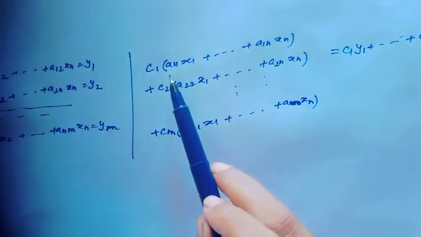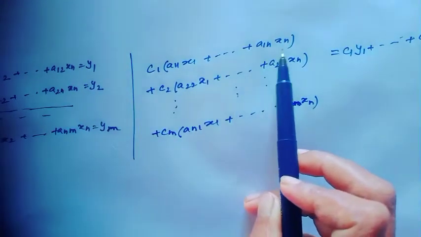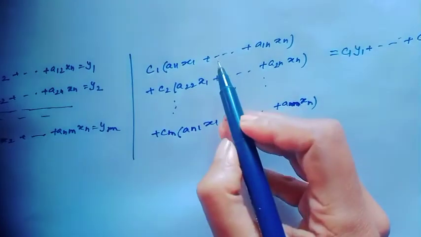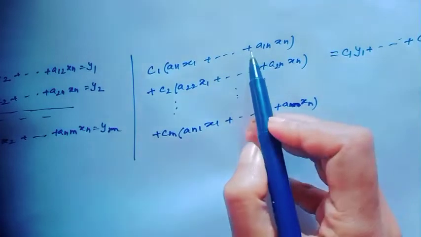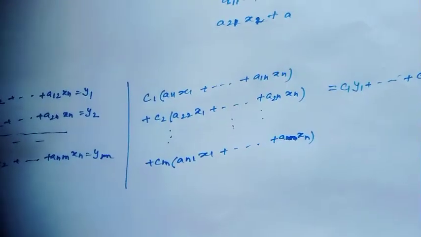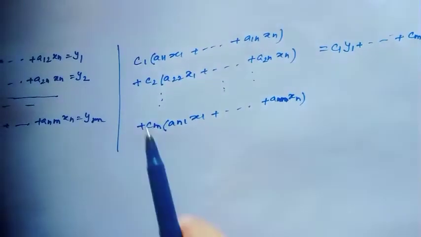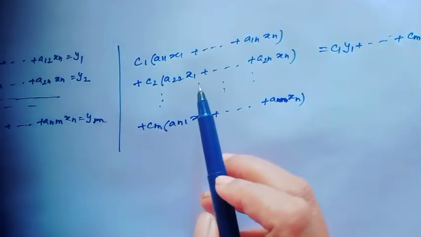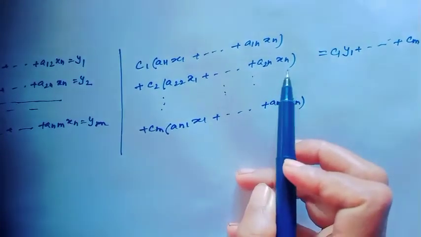Then I will get C1 A11 X1 plus C1 A12 X2, and this continues, plus C1 A1n Xn. Plus multiply the second equation by C2, so this would be C2 times A21 X1, continuing to plus A2n Xn.